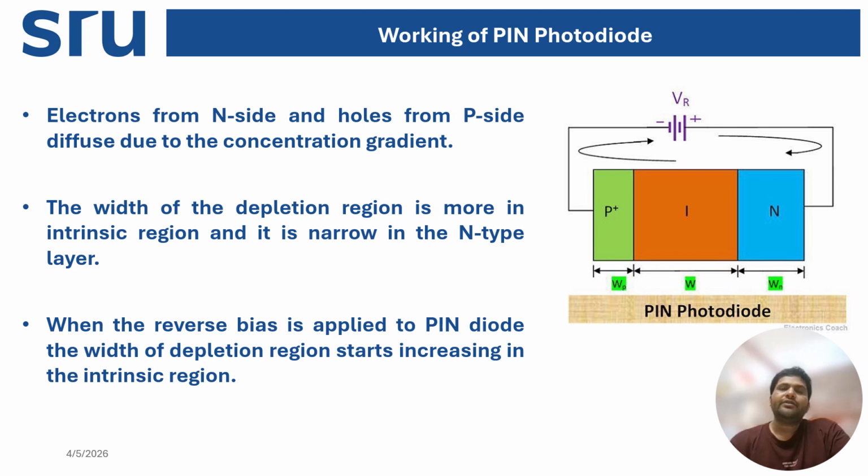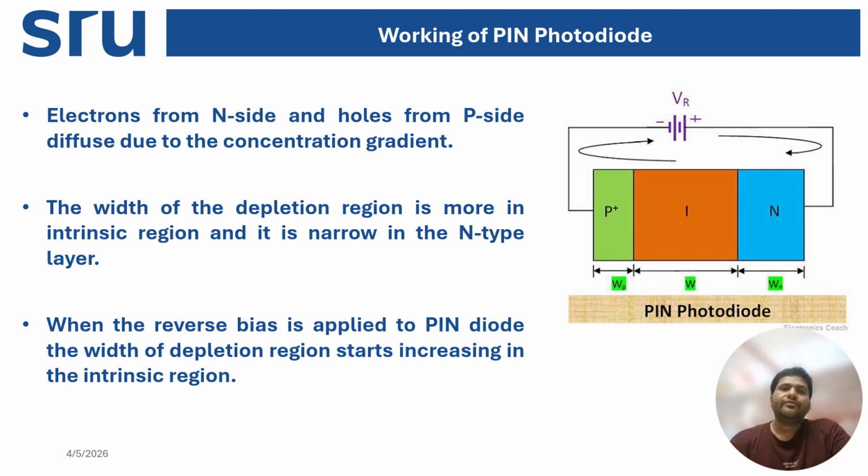This movement of holes and electrons is called carrier separation. This process is very fast due to the strong electric field, and the larger depletion region is in that intrinsic layer, denoted by I in the structure.